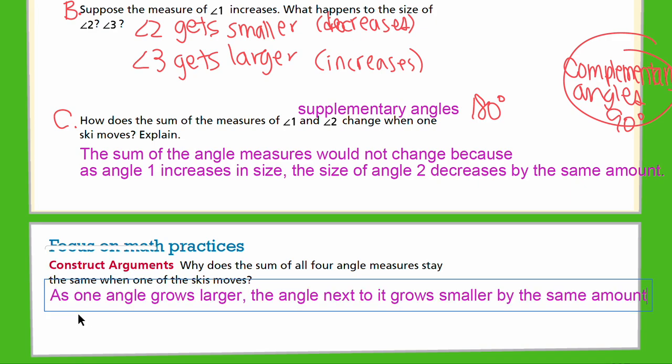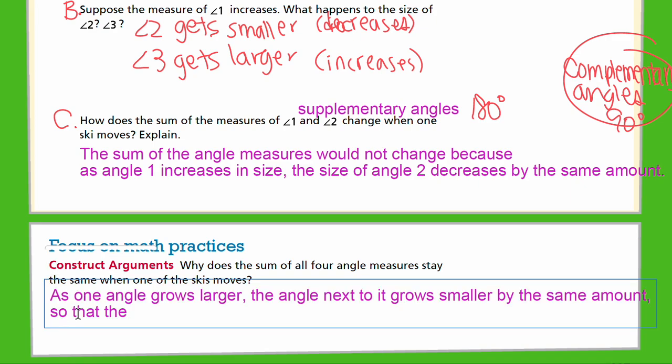So that the sum of those angles remains the same.